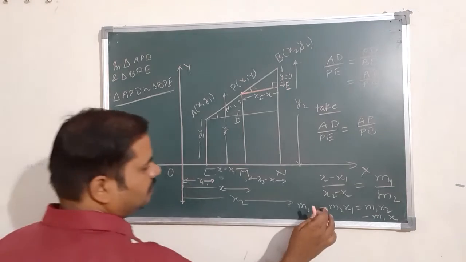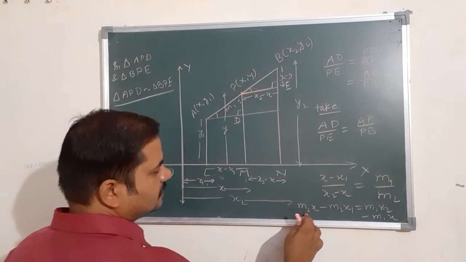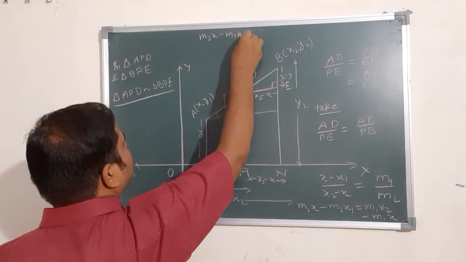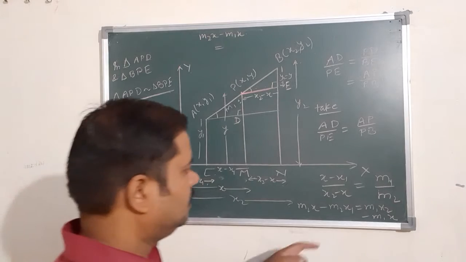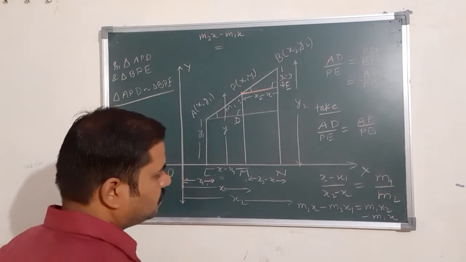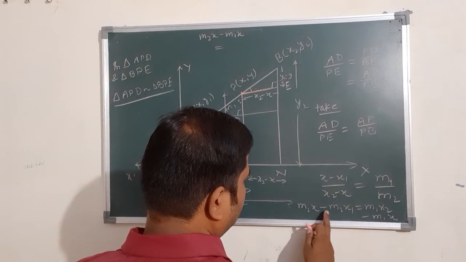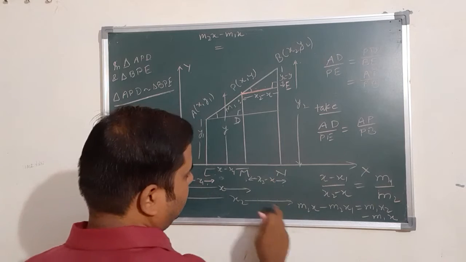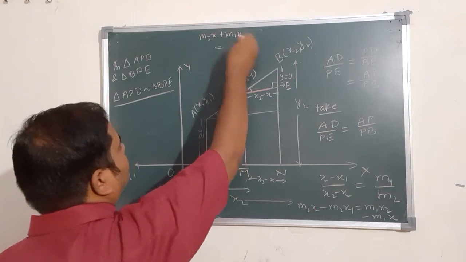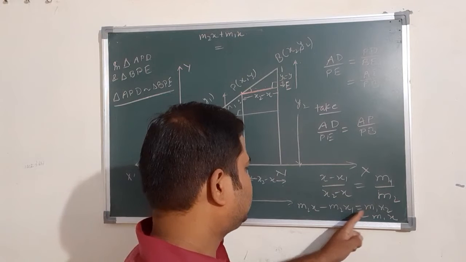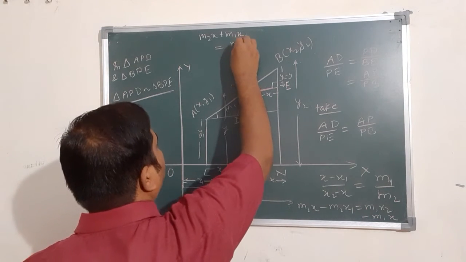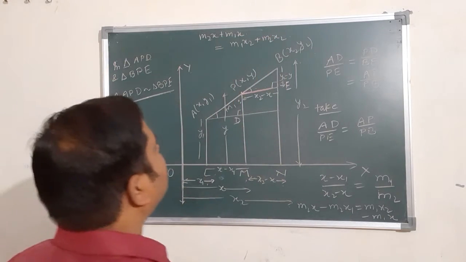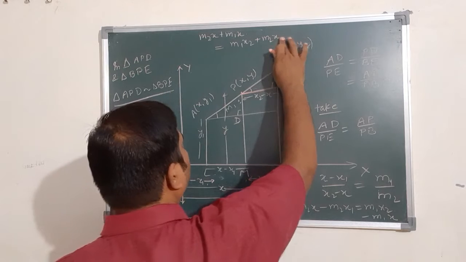You see from here, m2x plus m1x is equal to nothing but m1x2 plus m2x1.